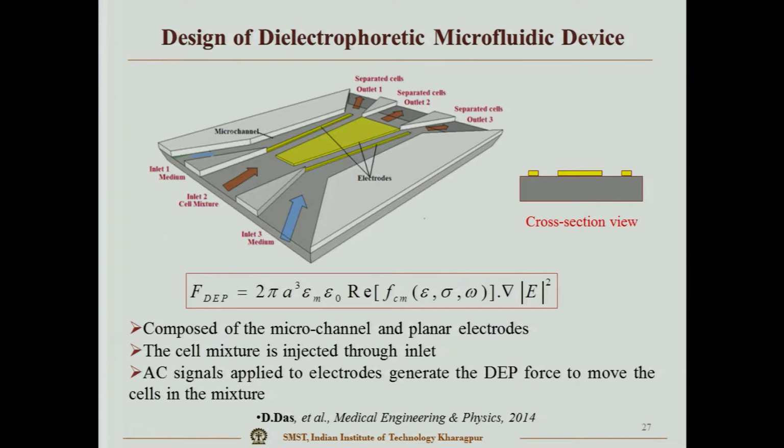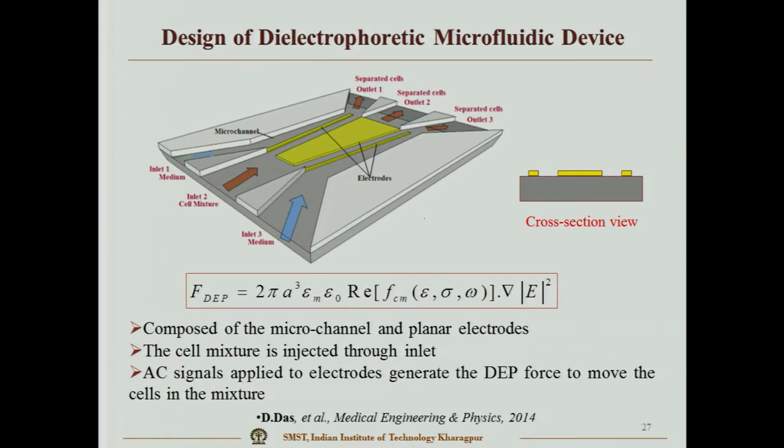So, this is the design, and then this is the inlet side where you have 3 channels. One is this channel, this is the media, the second one, and this is the other one. The sample will flow through this, and 2 buffer solutions will flow from these 2 regions. And on the other side you have 3 outlets.